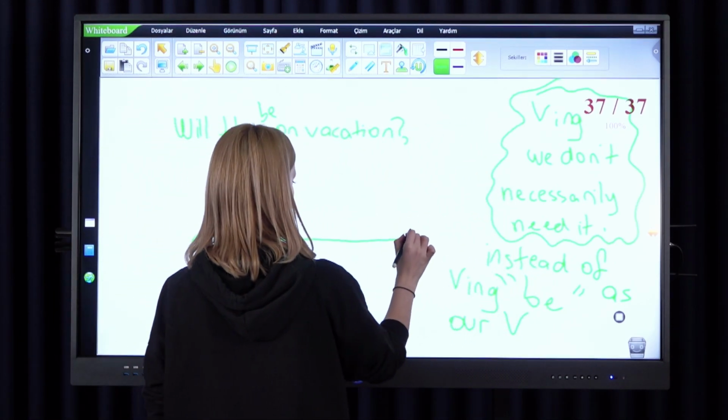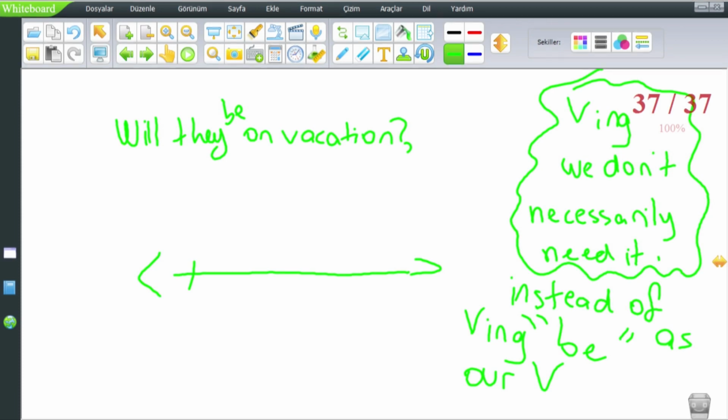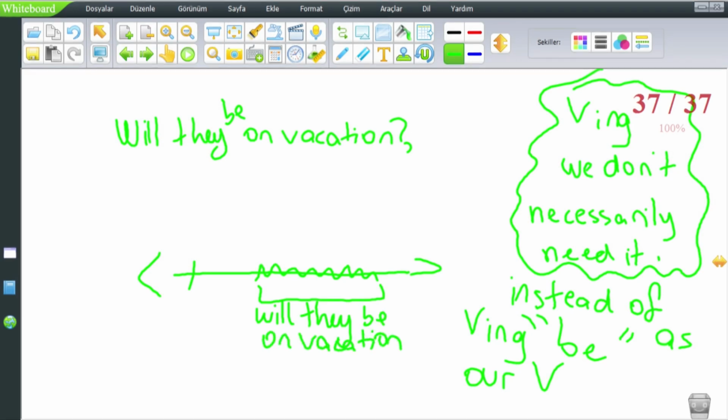What I'm trying to learn is, we're talking about a time, doesn't matter. In that time, will they be on vacation? I'm talking about a duration, not just one short action that will happen in future.